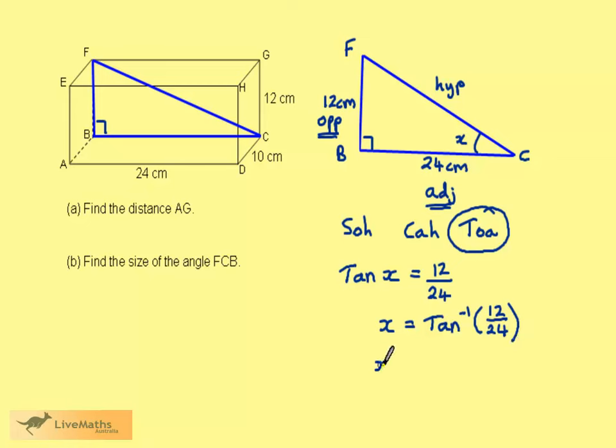So to calculate, we do shift tan of 12 divided by 24, which gives us 26.565 and so on, or 26.6 degrees, correct to 3 significant figures.